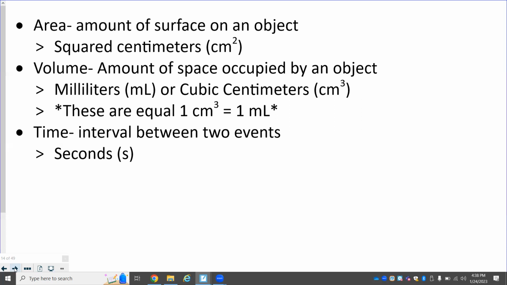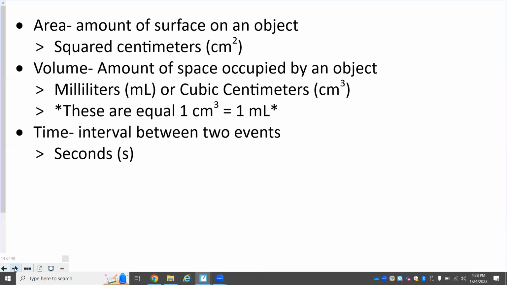You may have heard of this if you've watched any medical TV shows, where they're talking about giving medicines and they say we need 20 cc's of something. Cc's is cubic centimeters, so that's the same thing as 20 milliliters. That's just how they tend to measure substances.